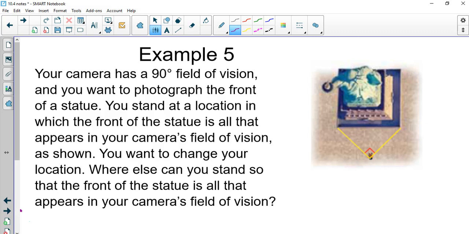So if we thought about this as the diameter, and we just drew a semicircle right here, then basically anywhere I go, I'm going to have the diameter in my field of vision, and so therefore anywhere I go, I'm going to have a right angle, no matter what, because my diameter is right here.